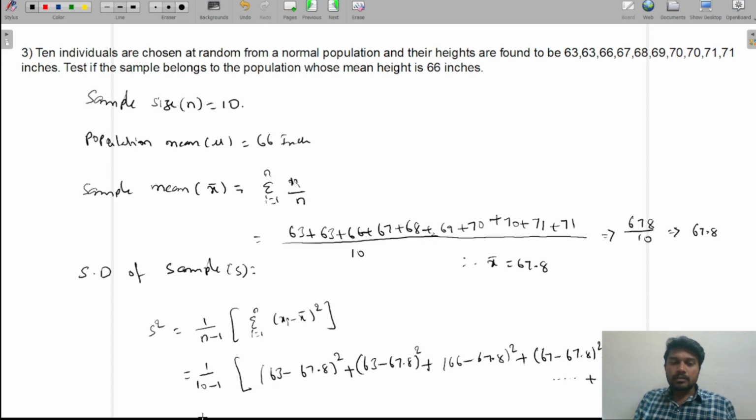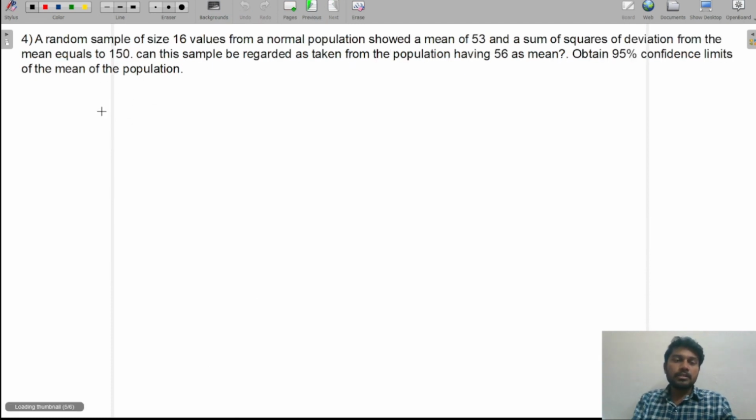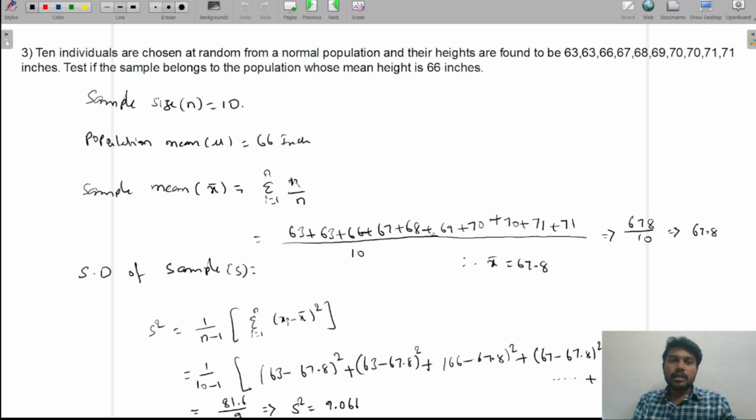Then the value of s square is 81.6 by 9, so s square equal to 9.066. Now the square I send to the right-hand side, and that will be the value of the standard deviation.